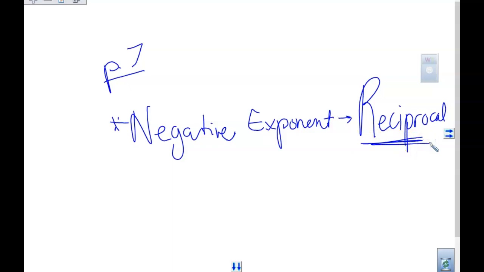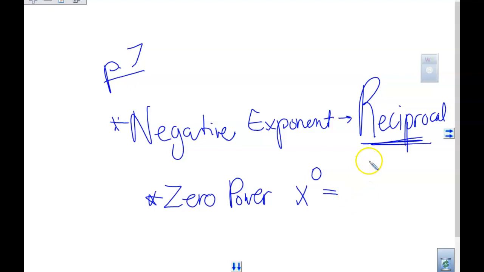Negative exponent, reciprocal. When we're thinking about a zero power, x to the 0, it is always going to equal 1. Anything to the 0 always equals 1.